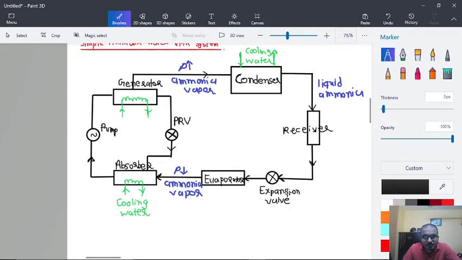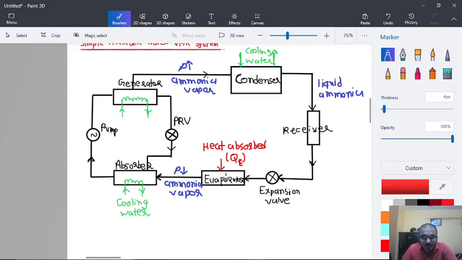And heat is absorbed here, QE, that is heat absorbed.